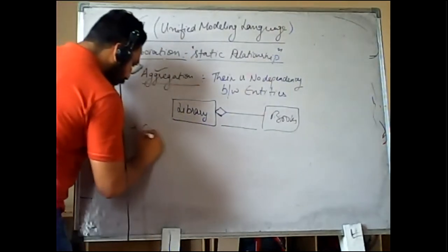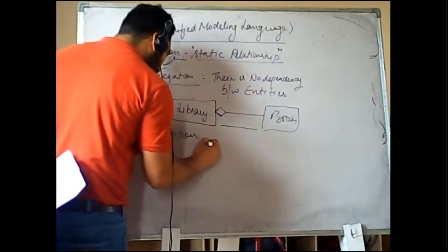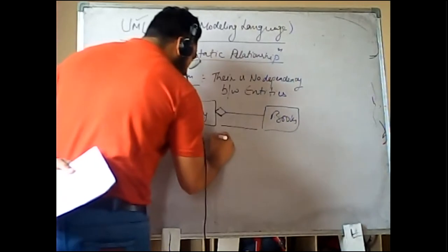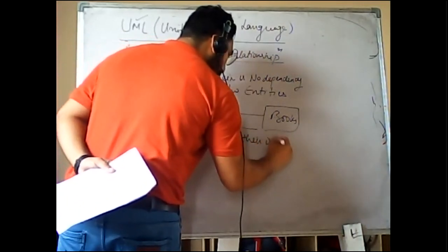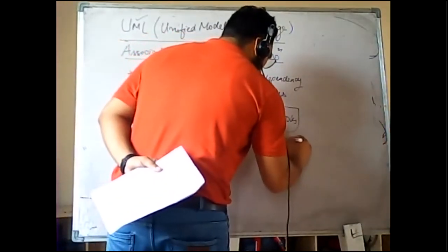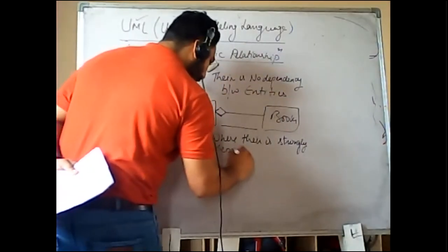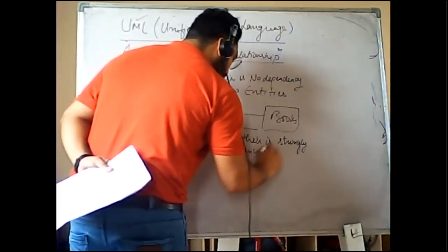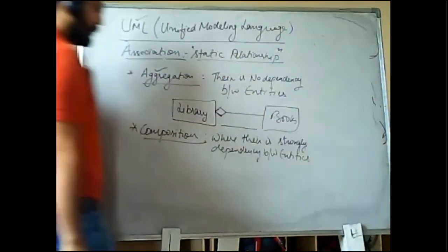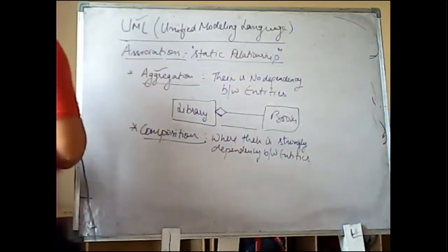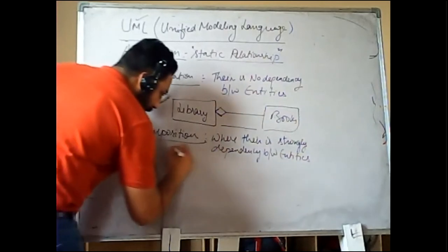Then your last is composition, where there is a strong dependency between entities. Like your car.